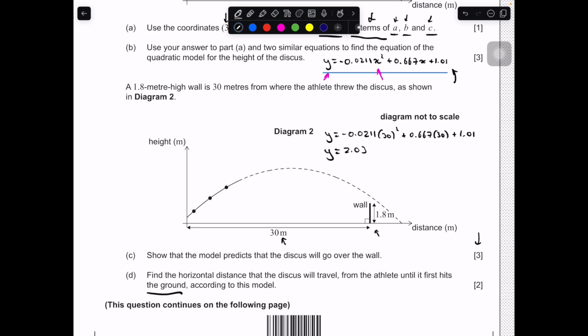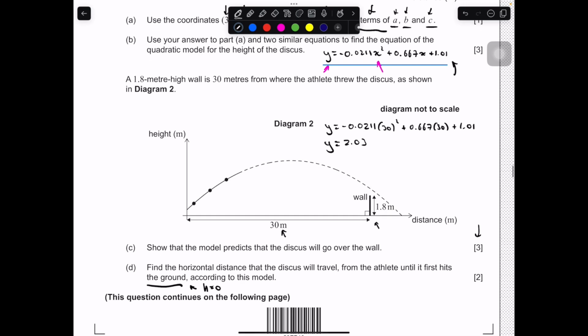Here it is. Find the horizontal distance, that is to say the value of x where the discus hits the ground. We know that h is going to be equal to 0 because there's no height. So let's put in 0 equals negative 0.0211 x squared plus 0.667x plus 1.01.